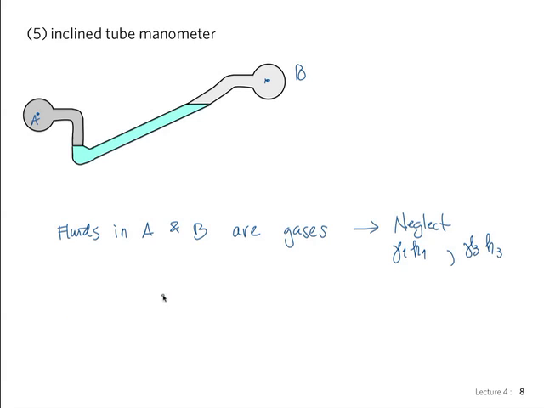So now we get PA minus PB equals simply the term that had gamma 2 L2 sine theta.